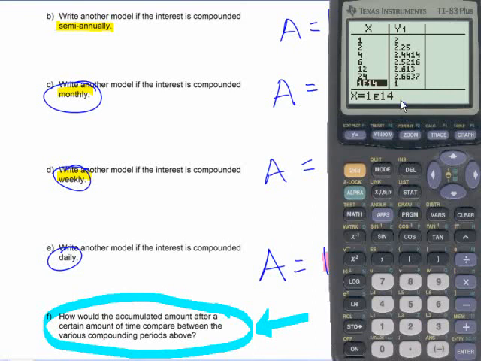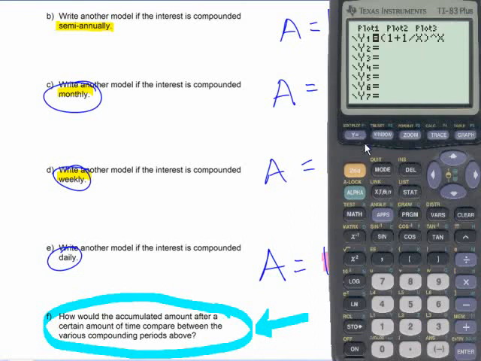The reason it has difficulty is, look at the original function. At some point, the calculator can't comprehend 1 divided by this huge number anymore. It's too big, and it just rounds that off to 0, which makes it 1 to this huge power, which is just 1.